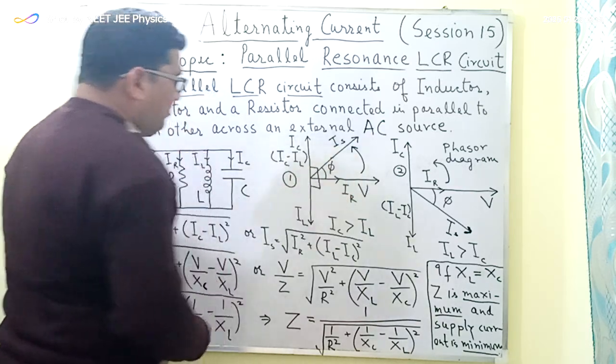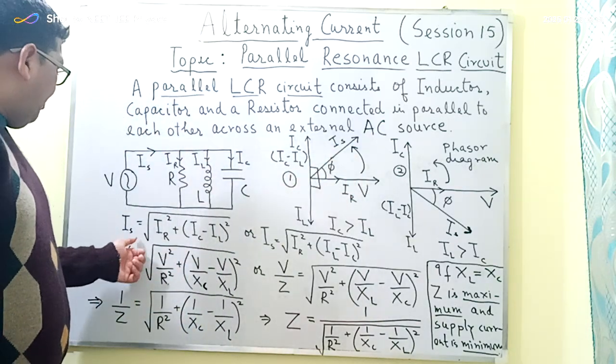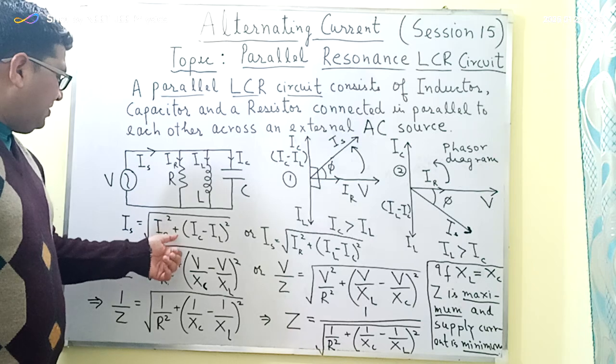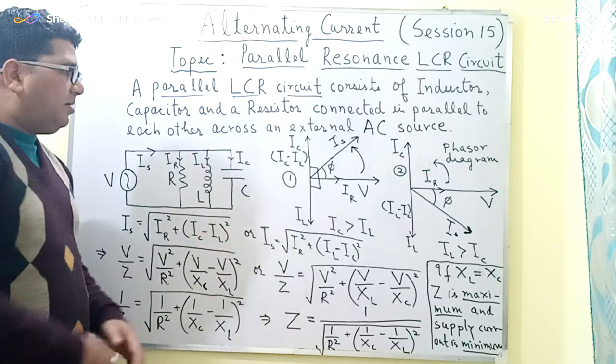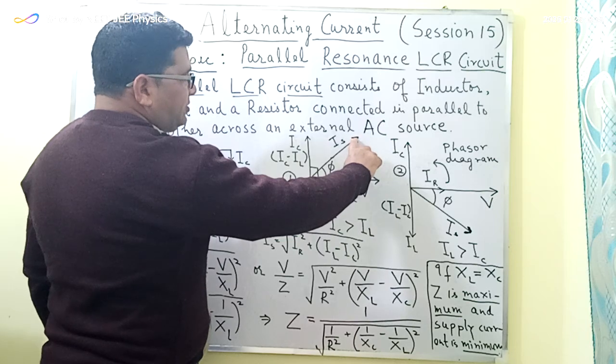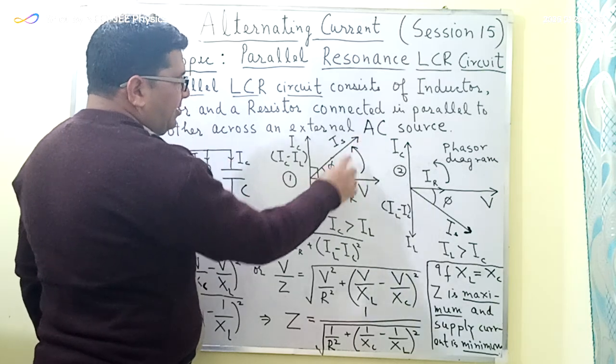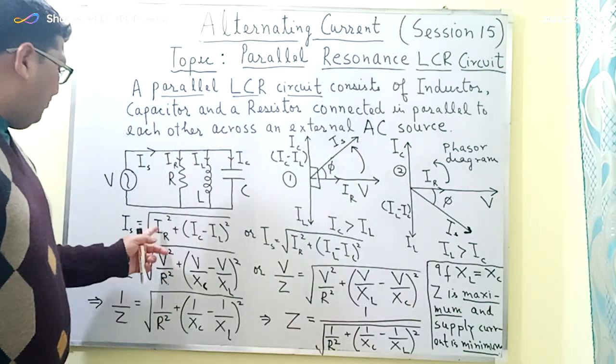So the supply current in this case will be equal to under root of IR square plus (IC minus IL) whole square हो जाएगा, because this component is equal to IC minus IL, and this is IR. So by using the Pythagoras theorem you can find this.